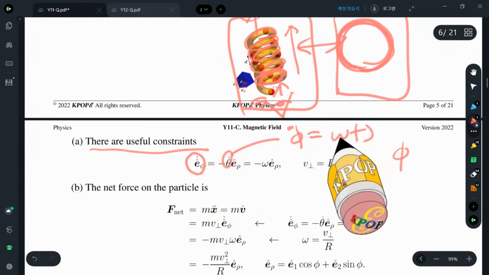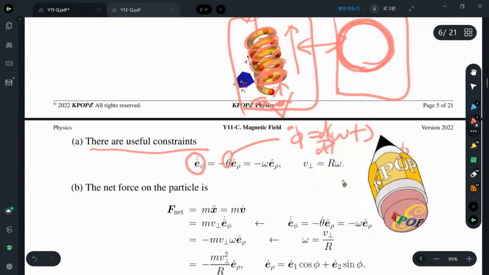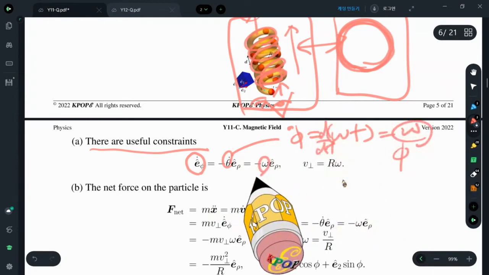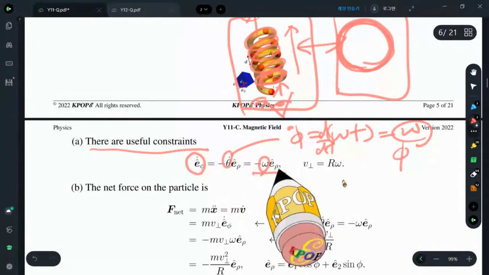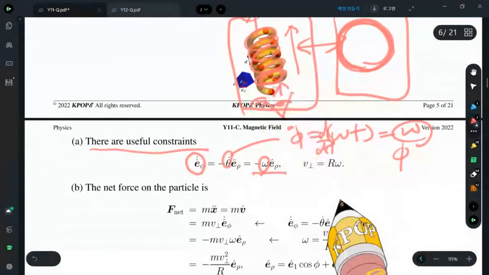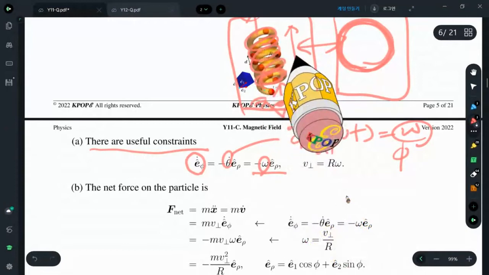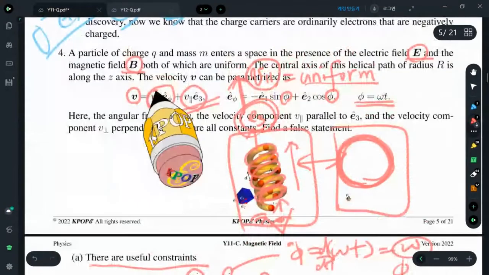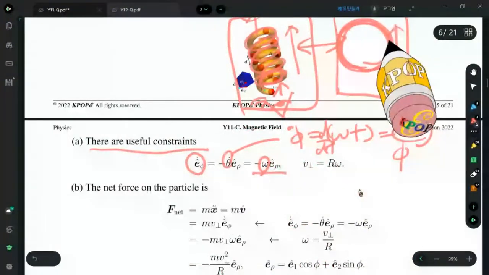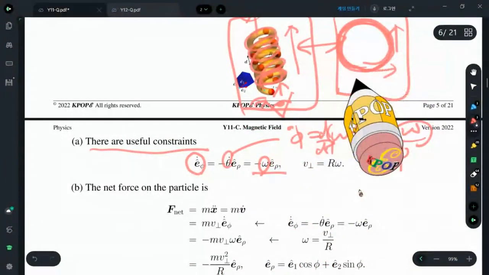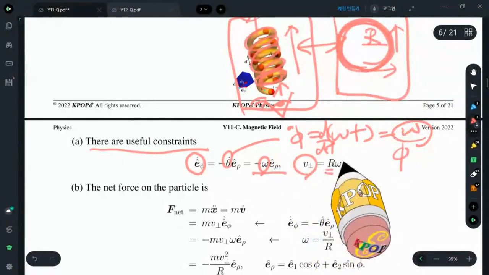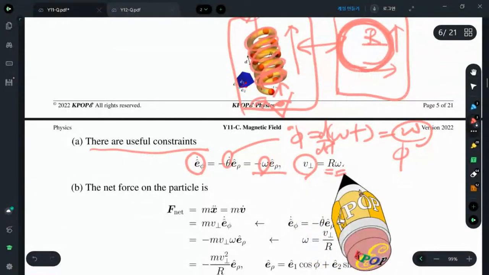Actually phi is omega t, and its time derivative is omega. So omega is written here, and the direction is toward the center. And this is V perp. V perp is in the tangential direction on the XY plane. So V perp is the radius r times the frequency omega.